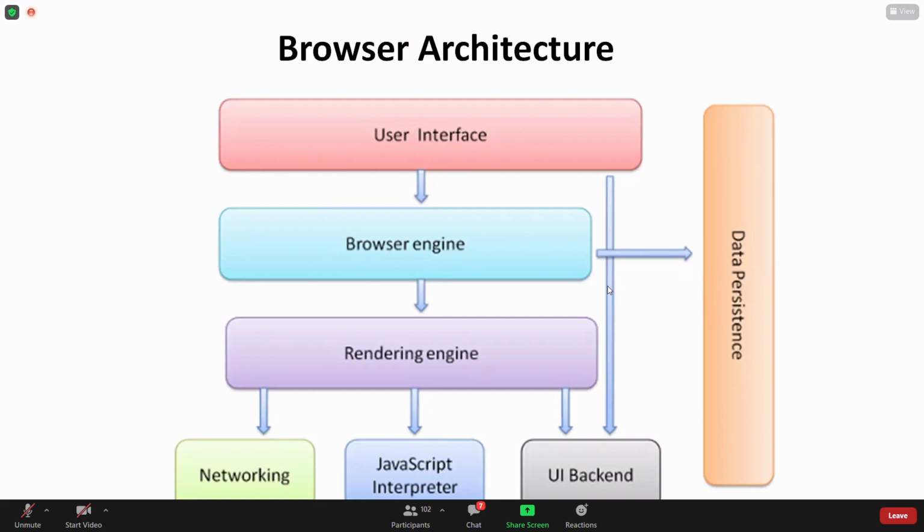Converting into tags, tokens, into elements, into DOM, everything is done by the browser engine. The final output is presented by the rendering engine. Suppose you are using Gmail.